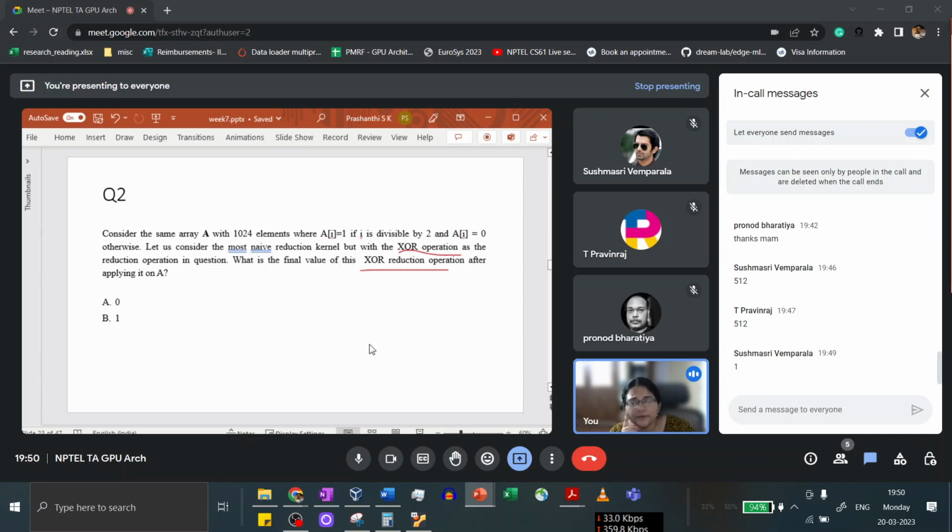For people who don't remember the truth table of XOR, if you have a 0 and a 1, in any order, that is whether it's 0 XOR 1 or 1 XOR 0, the answer would be 1. And if you have two things that are the same, that is if you have either 0 0 or 1 1, the answer would be 0.